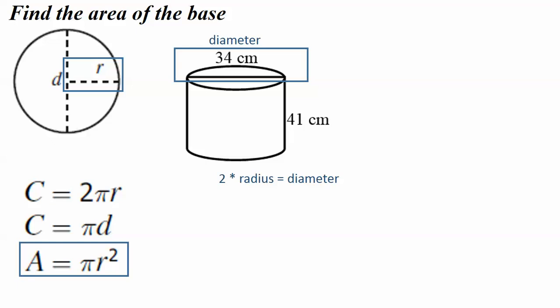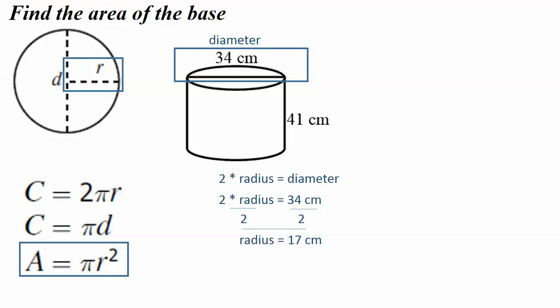Because my diameter is 34 centimeters, 2 times my radius will equal 34 centimeters. To get that radius alone, I'll divide both sides by 2. So my radius is 34 divided by 2, 17 centimeters.